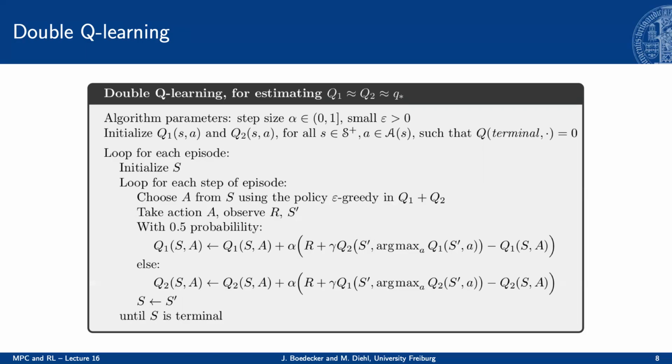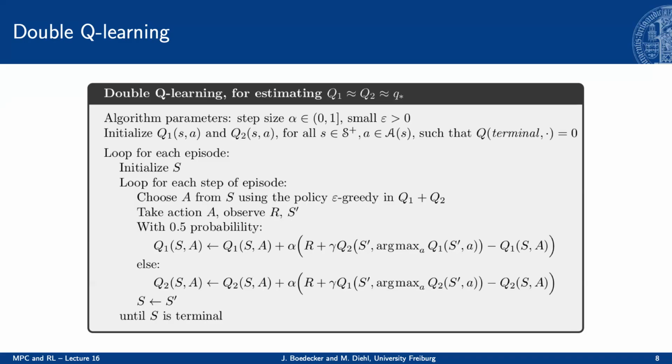That has different initial values and is updated a different number of times. And for calculating the argmax, you again use Q1, and here also use Q1. But because you update them differently and you initialize them differently, they will have a different amount of noise introduced in their updates.